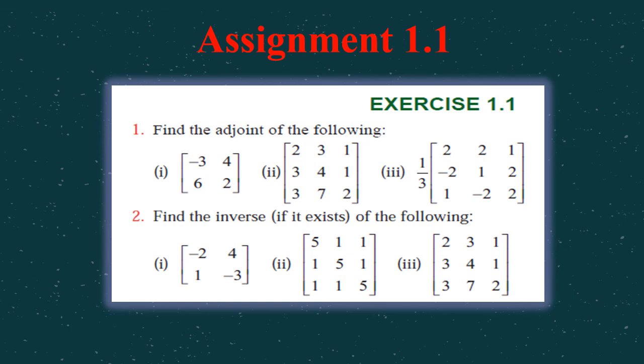Inverse exists only for non-singular matrices. So first of all you need to check for non-singularity, that is the determinant A not equal to 0 condition. Once it holds, then the inverse exists. Suppose determinant A is 0, you simply say that matrix inverse does not exist. Please try each and every problem of these, that is 6 problems.